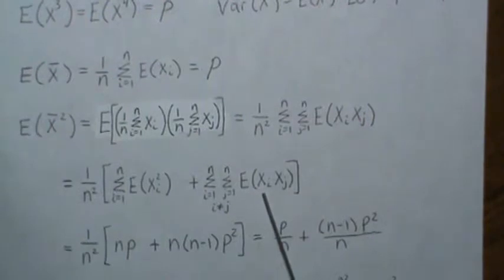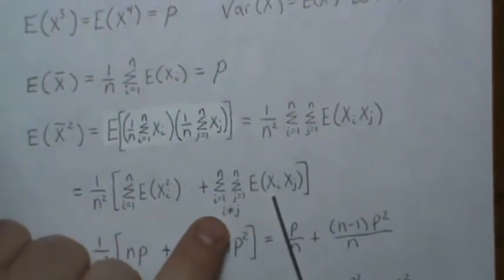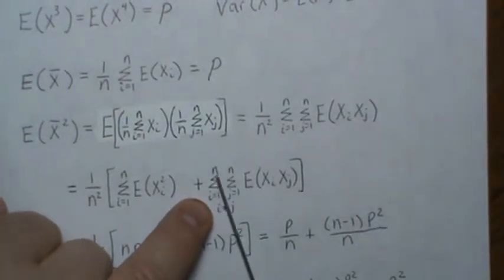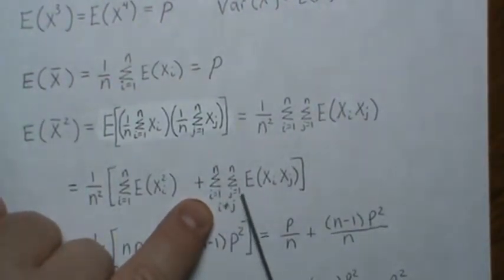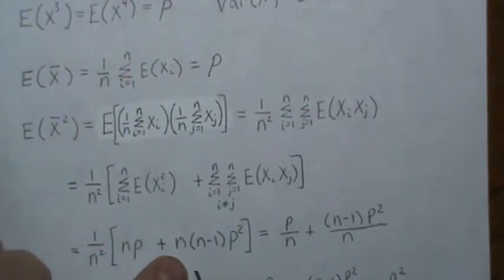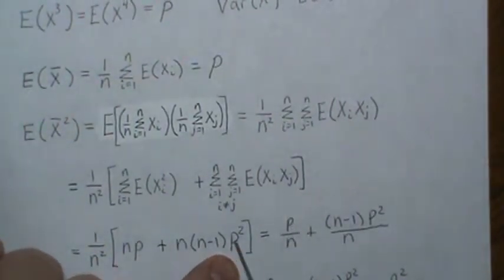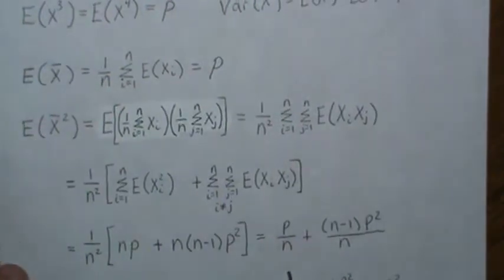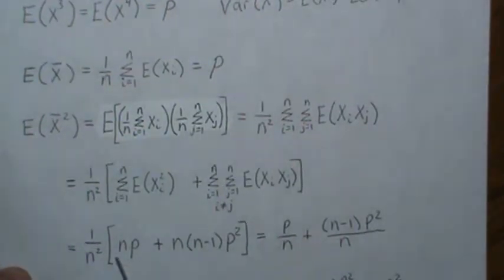And this one, since it's the double sum, there's n values here, but we can't have the same value, so there's n minus 1 different values. So it's n times n minus 1, p squared. And then this can simplify to this. You factor out an n and we get this.